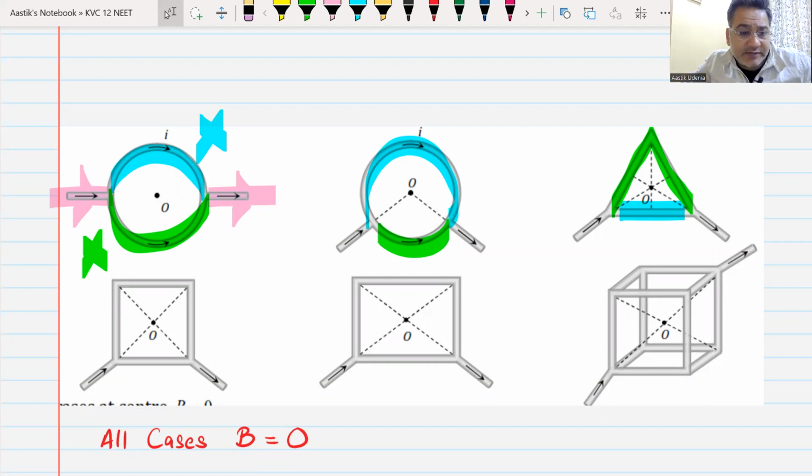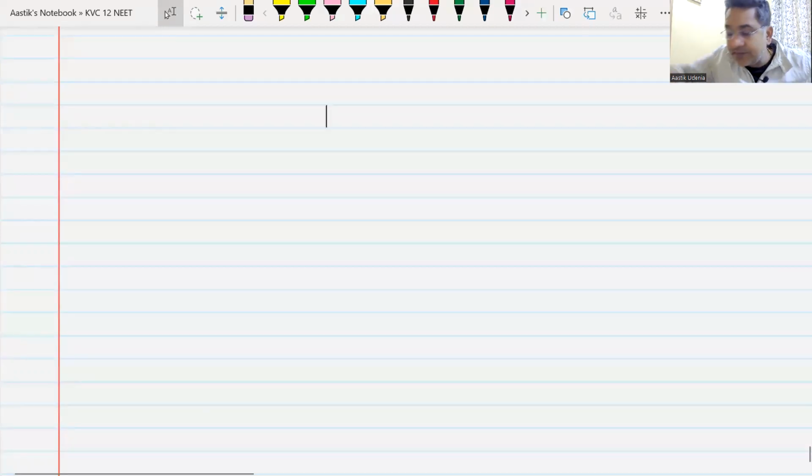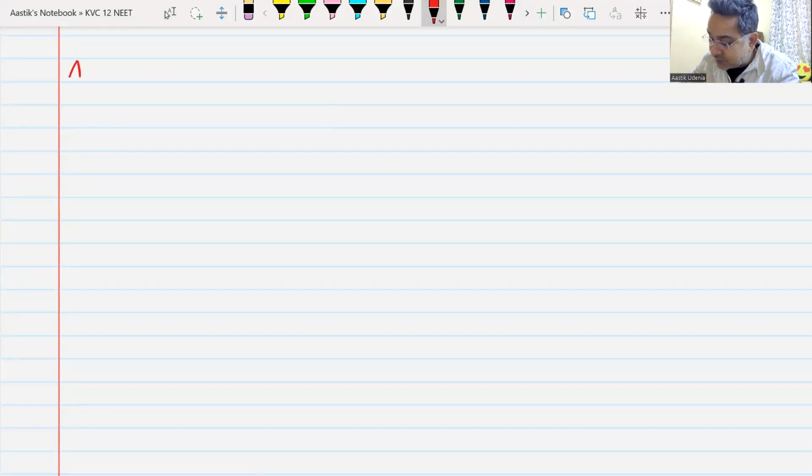What is this Ampere's law or Ampere's circuital law? So we will start with Ampere's circuital law, or Ampere's loop law, or whatever you call it.